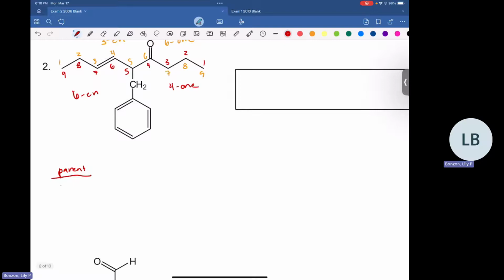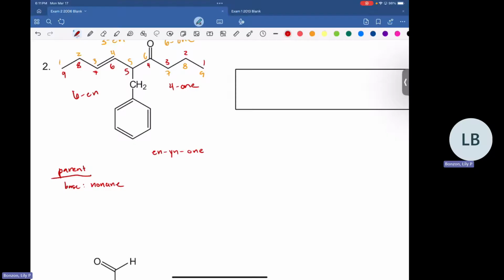So our base, I guess you'd say, is the non-ane. And then whenever we have alkenes, alkynes, and ketones, you number it like ene, yne, one.